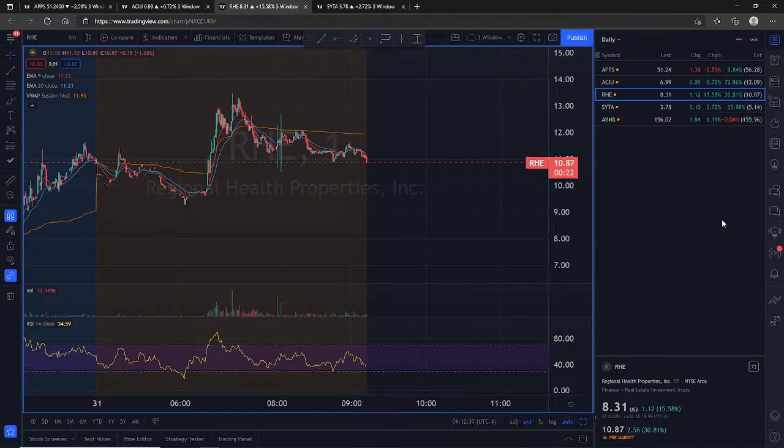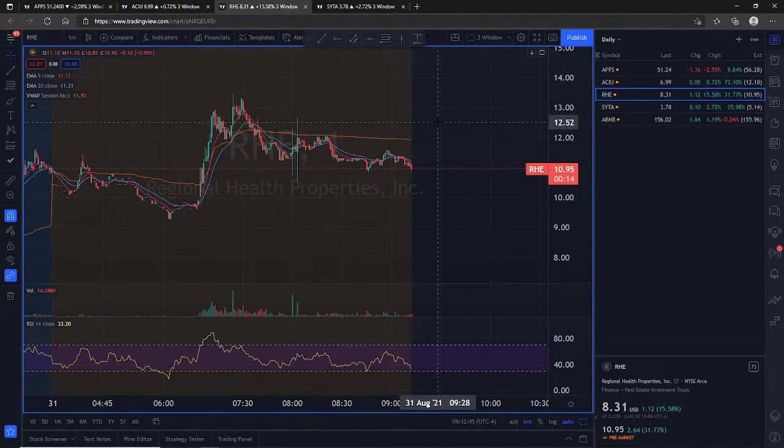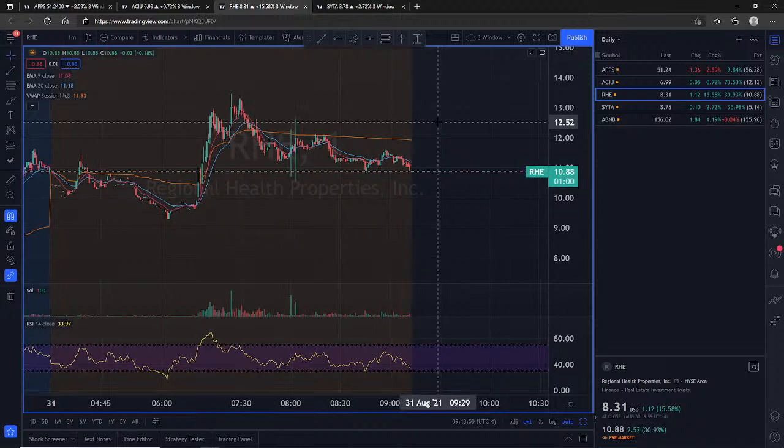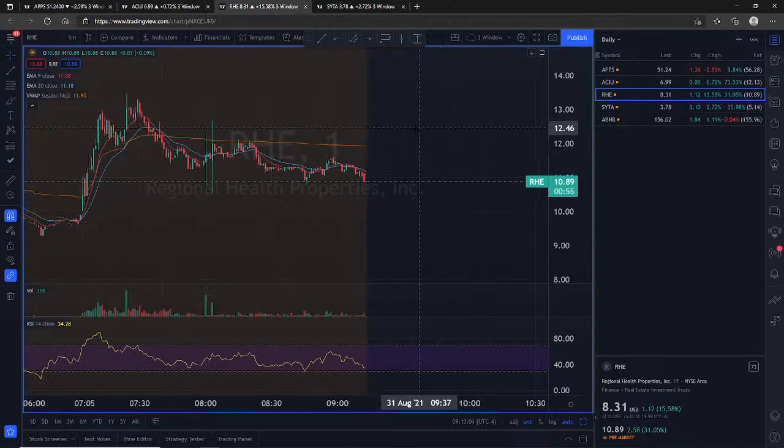This is more attractive to me than ACIU is, but still, with no news, if it presents a momentum setup, I will likely trade it. The only reason I tend not to trade stocks that have no news, but since it's real estate, and we are going into what's considered a favorable environment for real estate, I'm a little bit more prone to trade it.